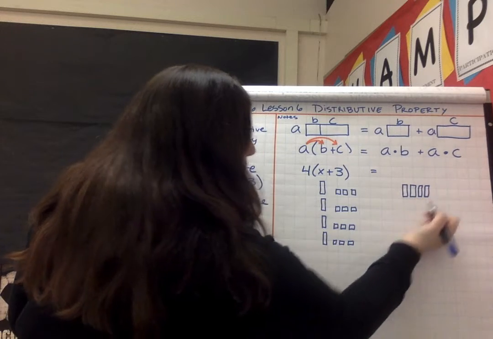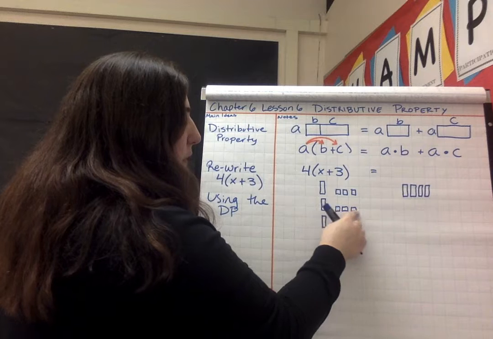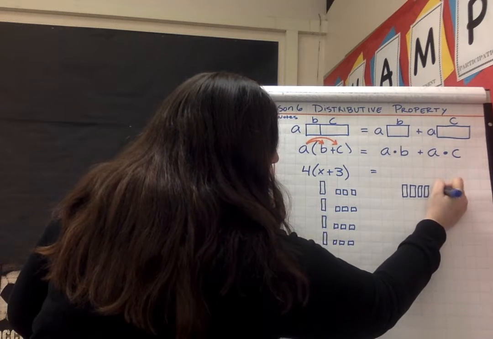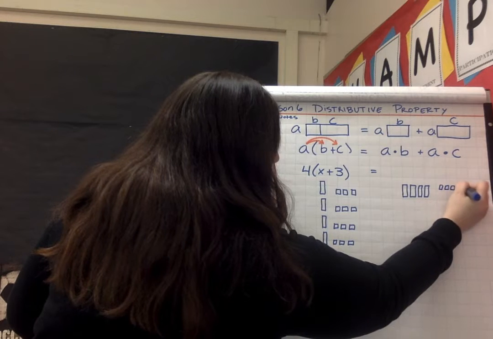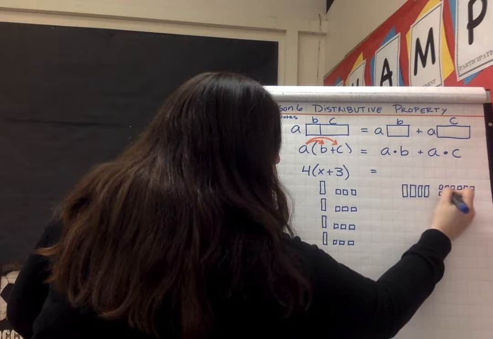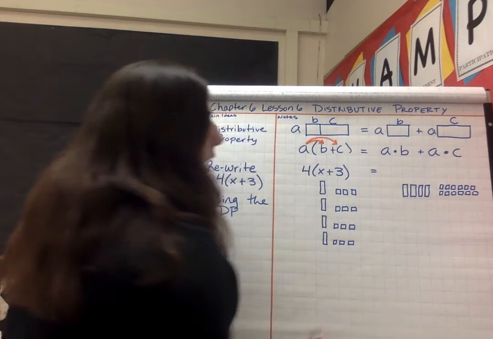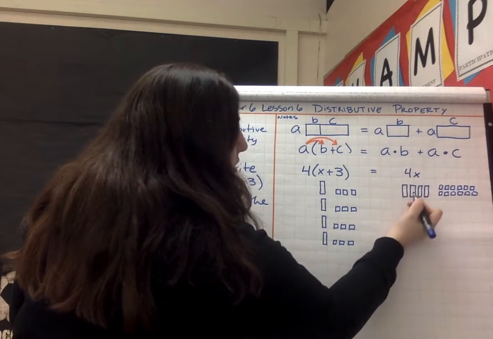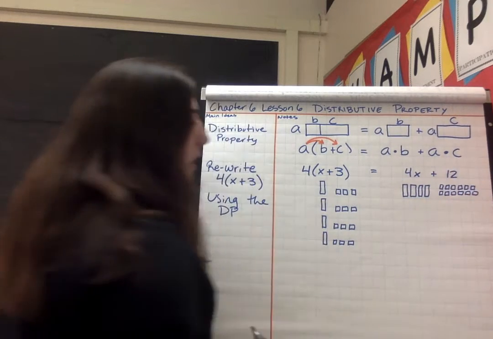So I'm drawing 4 French fries over here, and then I have 1, 2, 3, 4, 5, 6, 7, 8, 9, 10, 11, 12 chicken nuggets. Okay, so up here I'm going to write 4 French fries, so 4x plus 12 chicken nuggets.